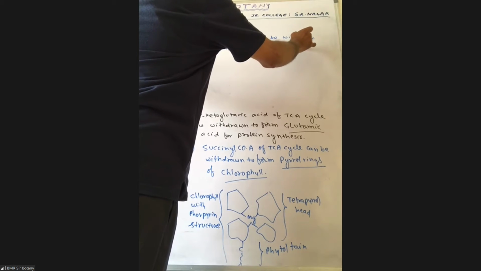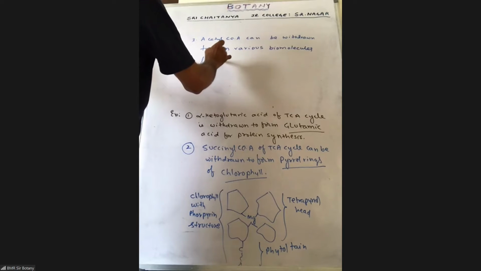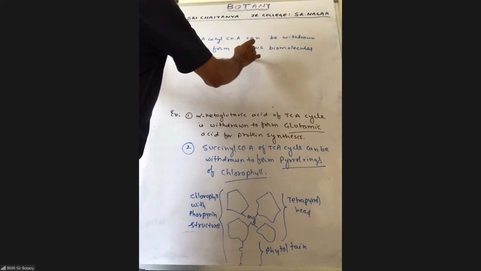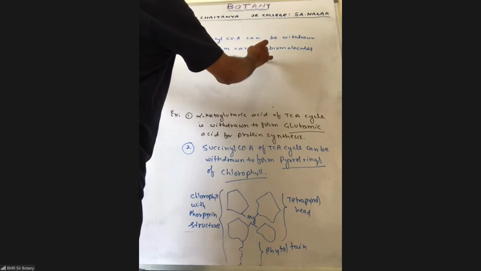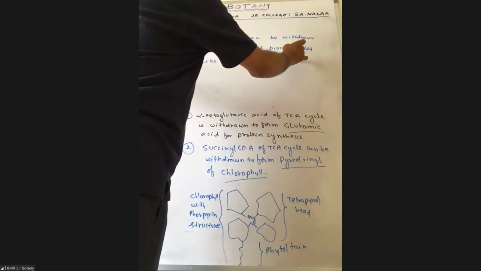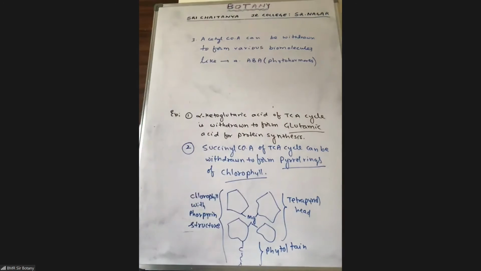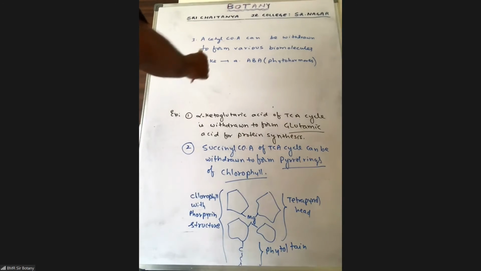Various biomolecules like ABA, which is a phytohormone, abscisic acid, that causes closure of stomata and protects plants from water stress conditions by minimizing transpiration.